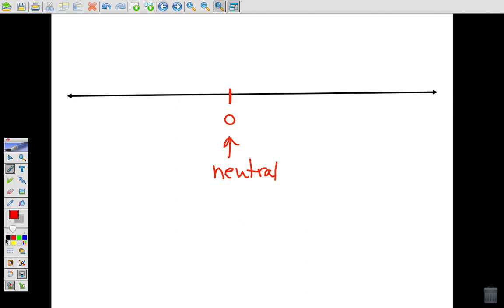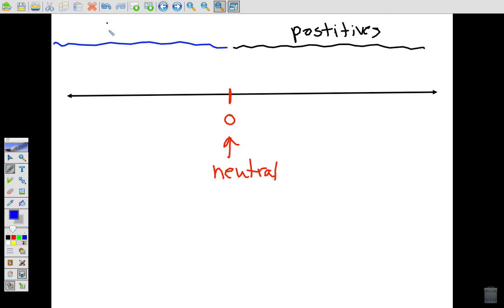Now, to the right of 0 would be our positive numbers. So to the right of 0, I'd have my positive integers. I'll put positives. And then to the left of 0 would be my negatives.